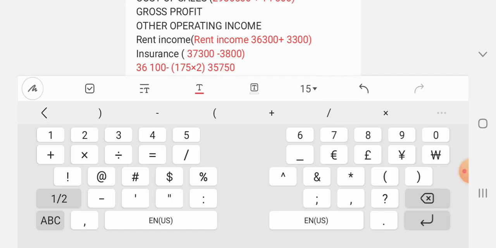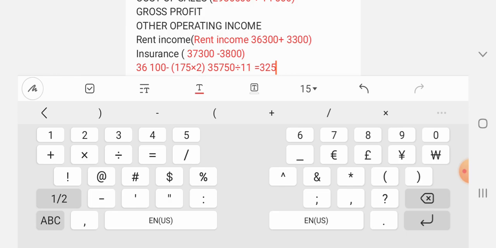35,750, and this amount we divided by 11 months. We haven't paid for February, so we divided by 11. When we divide by 11 months, we have to take out the increase because it was not consistent throughout, so that we can get how much was paid before the increase.